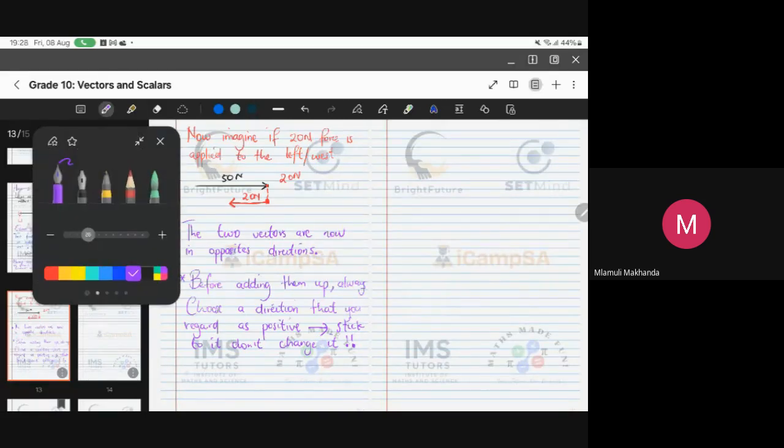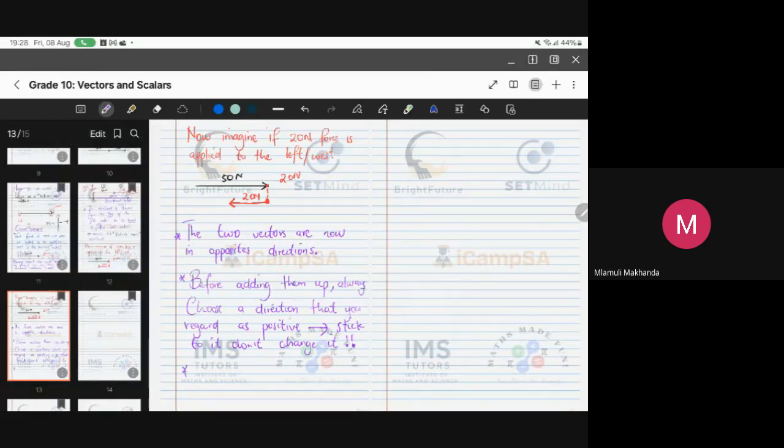Say we choose 50, no, not 50N, sorry. Say we choose right as positive. Right?